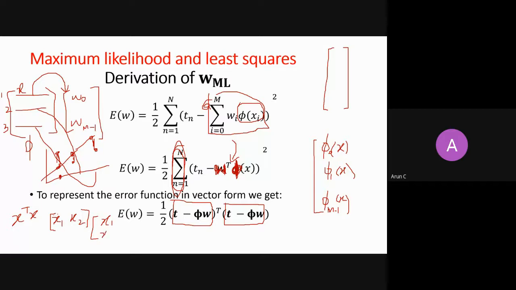When you take the dot product, it is nothing but x1 square plus x2 square, right? So it means you are squaring every component of a vector. You are taking a transpose with itself, so it means you are squaring every error and summing it up, right? Can you just nod your head on this?